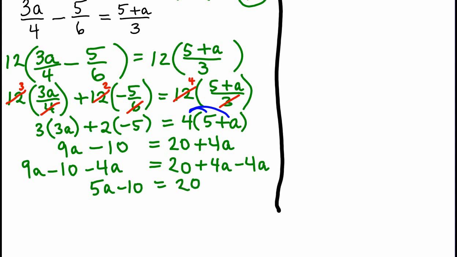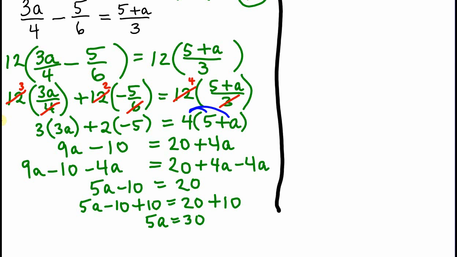Now I want to continue trying to isolate a. I'm going to get rid of that negative 10 by adding 10 to the left-hand side, and because of the balance method, I have to do it to the right-hand side as well. And then I'm going to simplify again, and I have 5a equals 30.